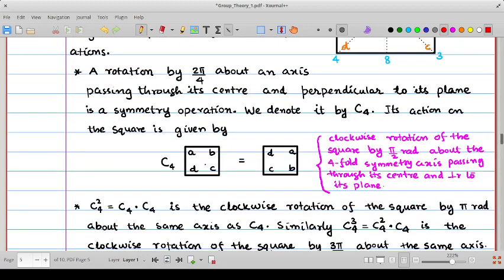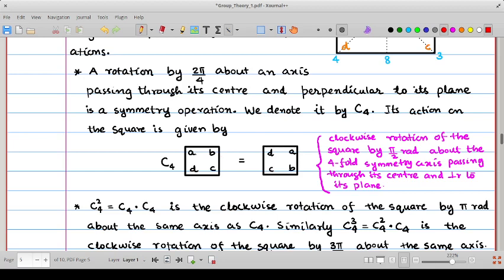Symbolically, we can write it in the following way. A rotation by pi by 2 about this particular axis on a square with labels A, B, C and D will take the square to the following configuration, where this vertex A over here now goes to this position and this vertex label B goes to this position and this vertex label C goes to this position and vertex label D goes to this position.